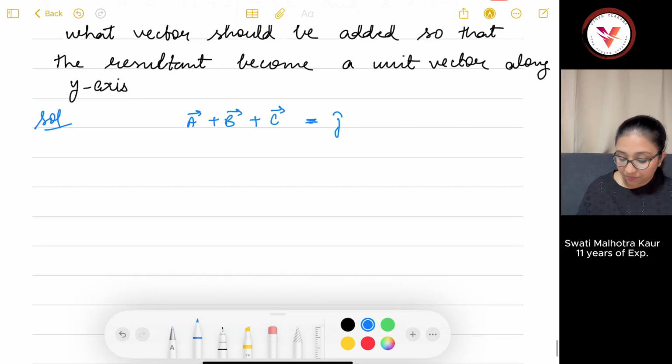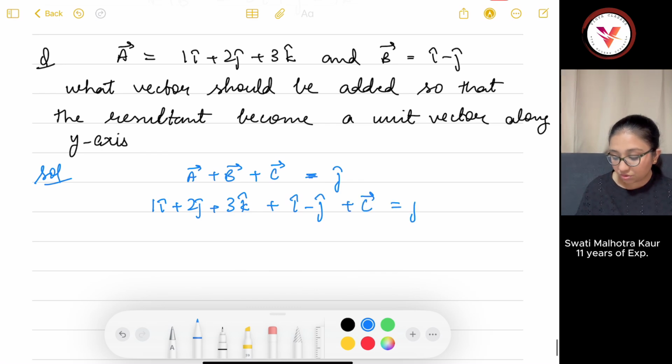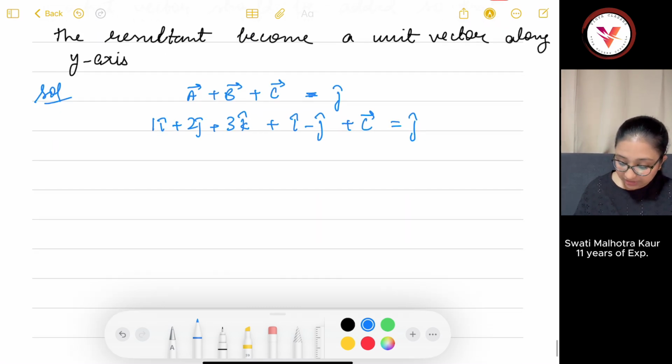So your a vector is simply 1 i cap plus 2j cap plus 3k cap, plus b vector is i cap minus j cap, plus c vector gives you j cap.